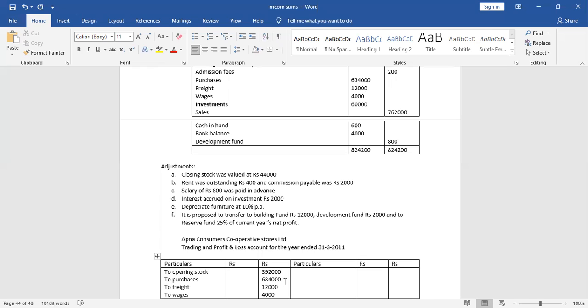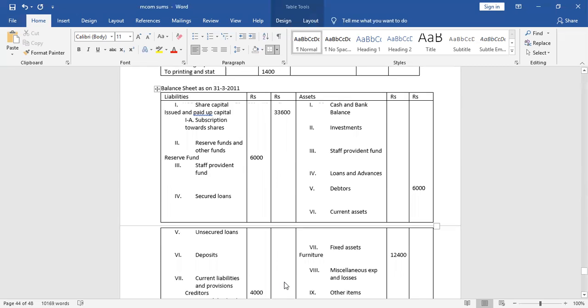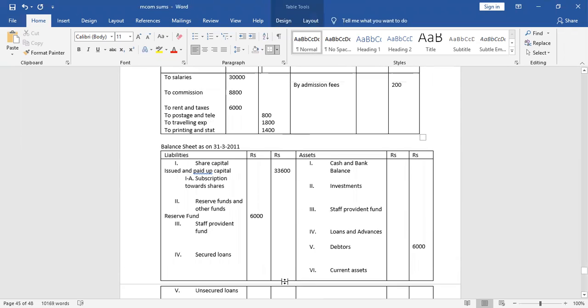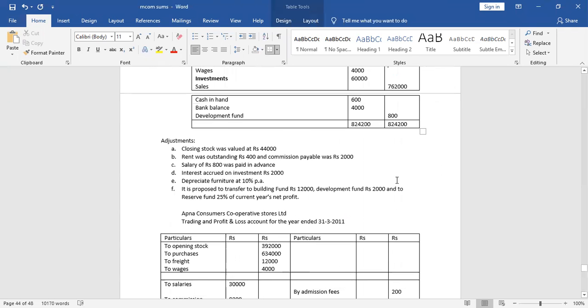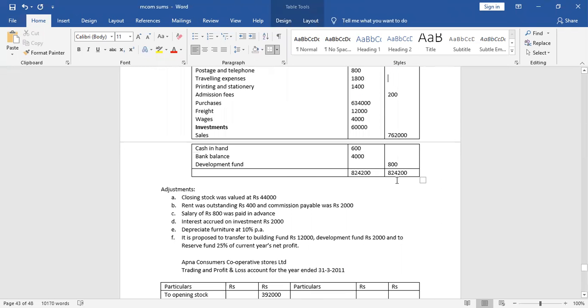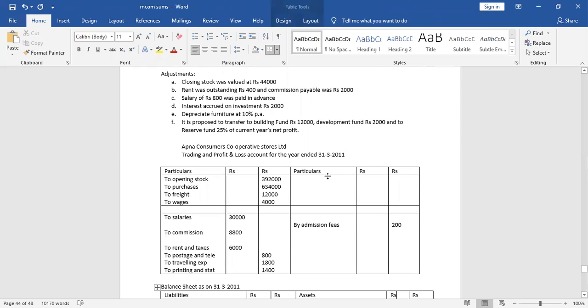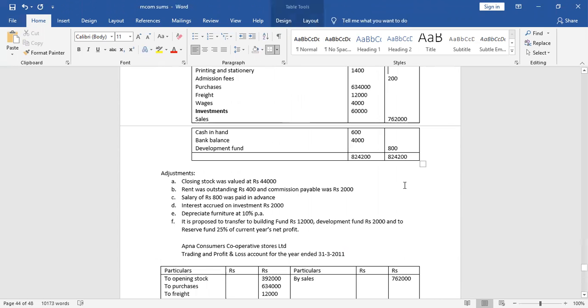Investment, that is an adjustment, 60,000. So for investment, we have a separate head. So we'll write there 60,000, and then there is an adjustment. Sales 7,62,000. So by sales 7,62,000. Then we have cash on hand 600, bank balance 4,000.